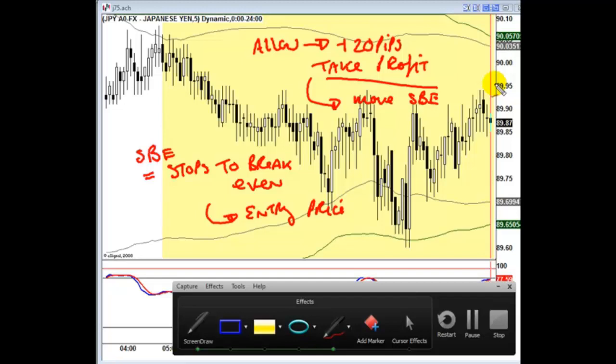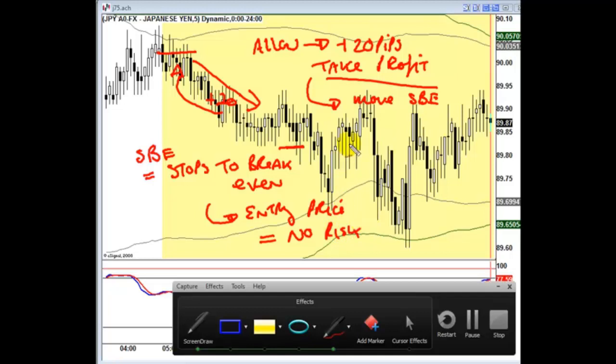So if I sold over here at 95, and we moved 20 pips down to 89.80, immediately I move my stops to the price that I got in at, and that means that I have no risk on the trade.